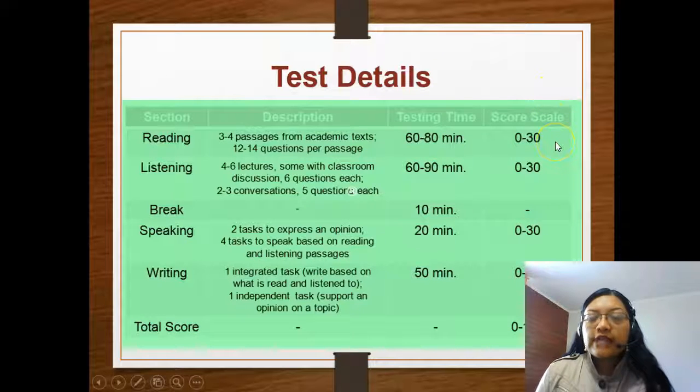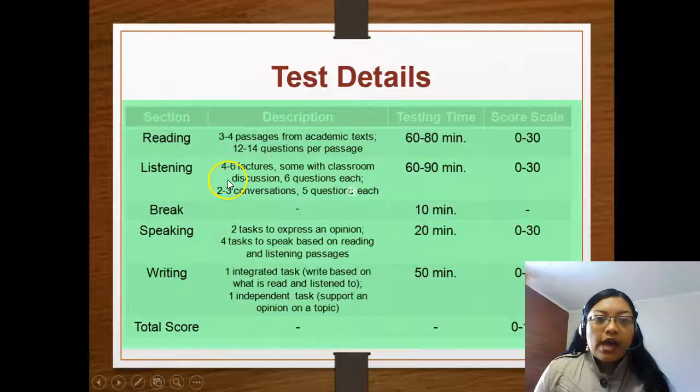And of course, the scale is over 30, although you have like 46, 48 questions. The scale is always over 30 because as you have 4 skills, it's necessary to have each of them over 30 because the total overall score is over 120.